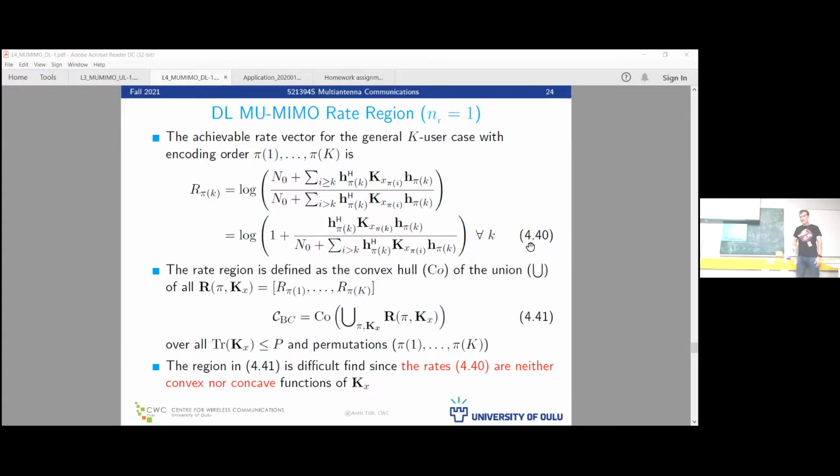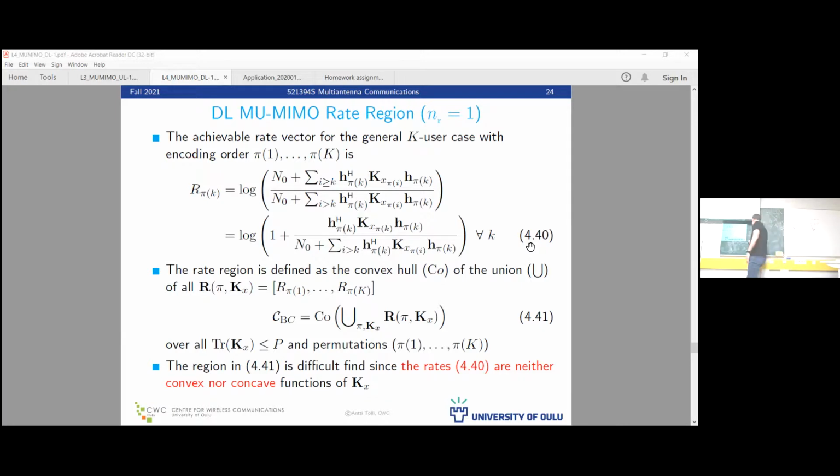Okay, these users with smaller indices can be removed, right? Because for user k, this is already prior info. They have been already encoded. Superposition of all this is the new origin, right?